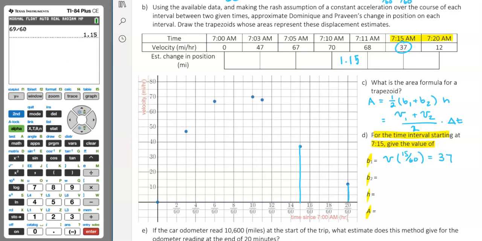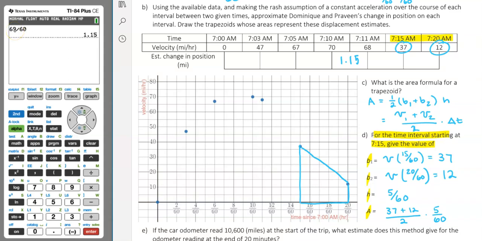B2, right here, is the velocity at 20/60ths, which is 12. The height is the distance between those bases, 15/60ths to 20/60ths, or 5/60ths. And the area of this trapezoid is the average of the function values at the endpoints times the width of the interval.